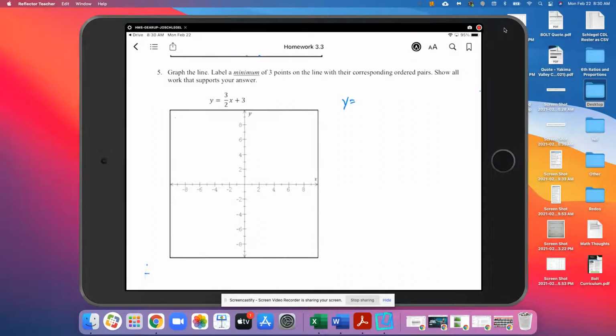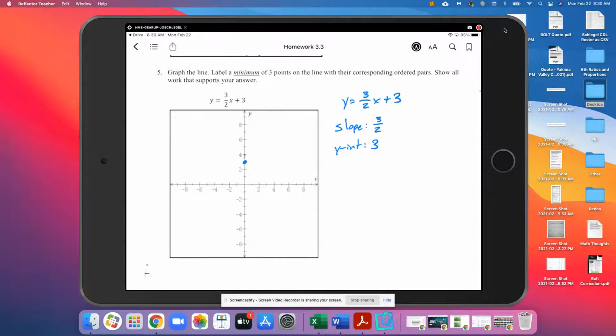Again, super important. y equals 3 over 2 x plus 3. The way I would approach this is my slope is 3 over 2. My y-intercept is 3. So I would mark my y-intercept at 3. And then my slope is positive, so I'm going to be going up 3 and then to the right 2.